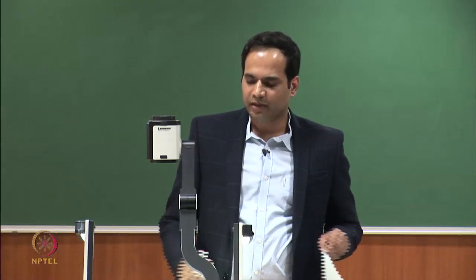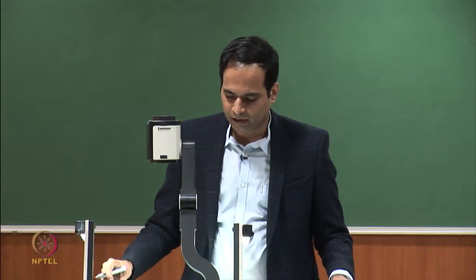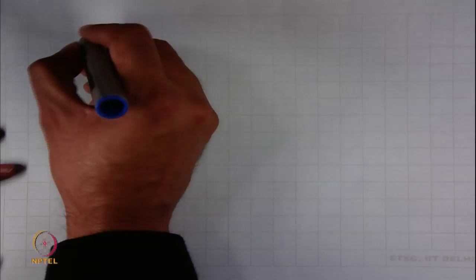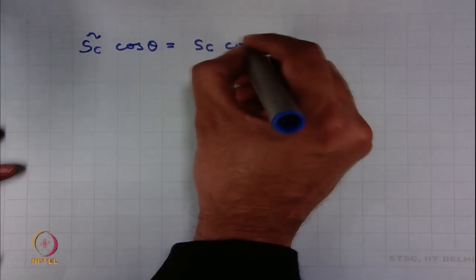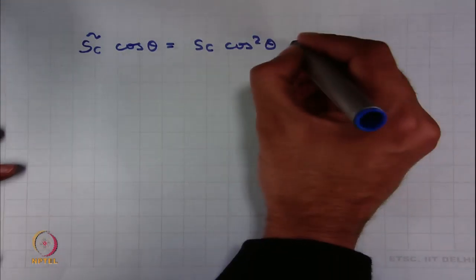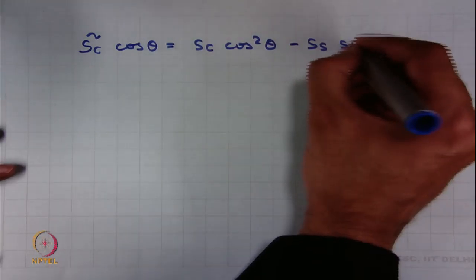Let us see how we can get rid of this at the baseband level. Let me multiply SC tilde with cos theta. I get SC cos square theta minus SS sin theta cos theta.